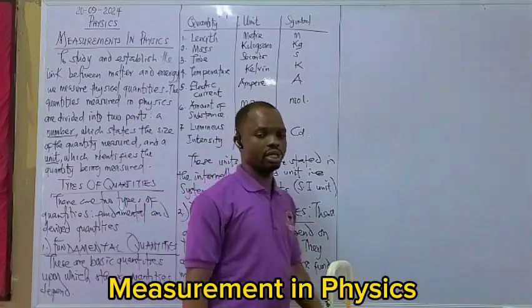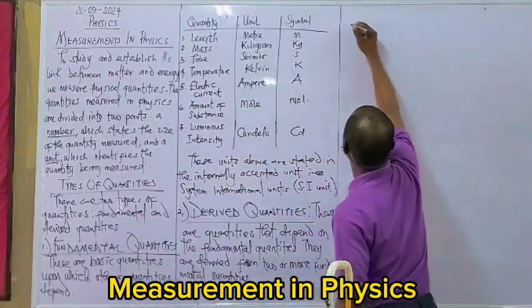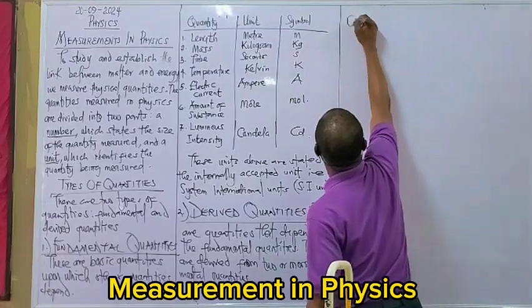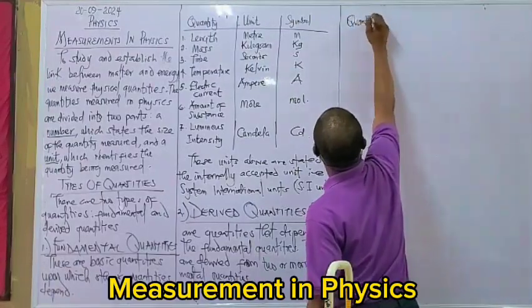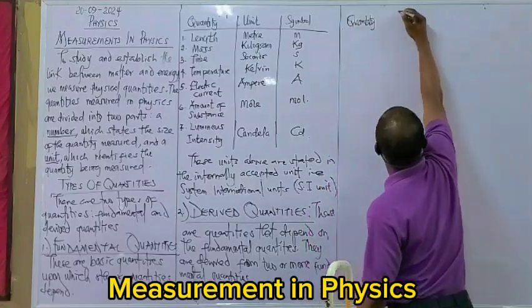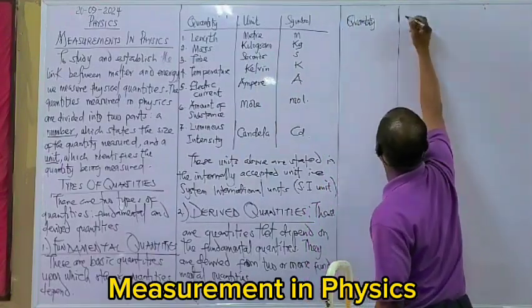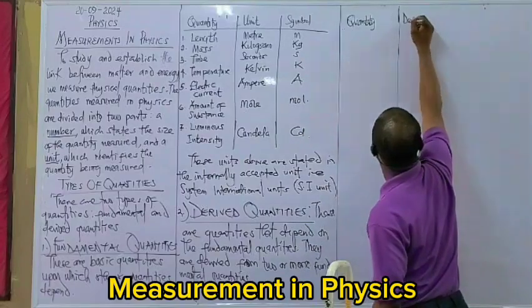Now we're going to start with this. Let's have the quantities here in the table. Quantity. We have the table here that also shows the derivation.